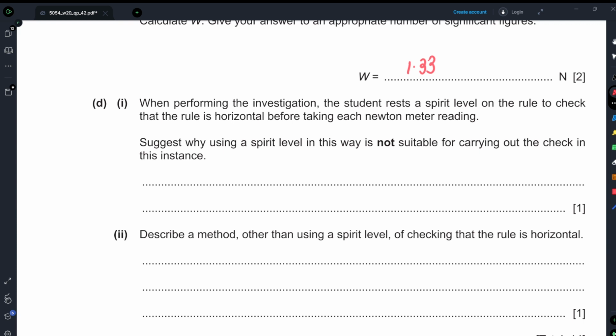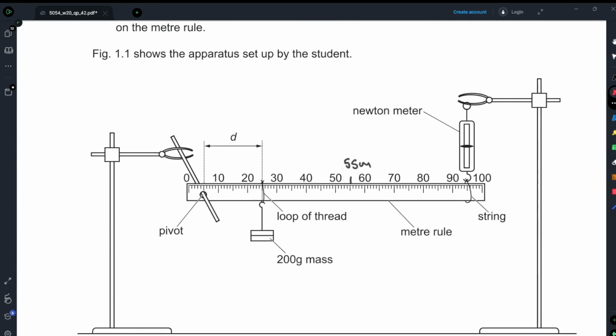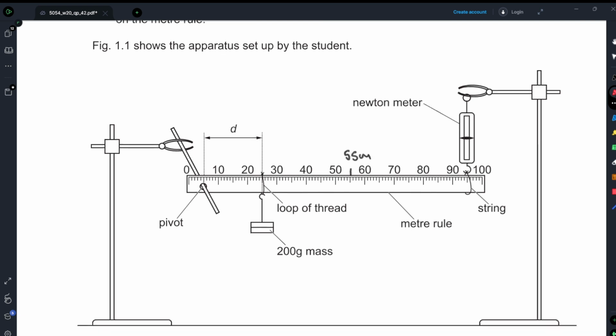Explain why using a spirit level in this way is not suitable for carrying out the check in this instance. Obviously, what you're trying to figure out is: you have the Newton meter attached to measure weight, and if you put a spirit level on top of the meter rule, what will happen? What do you think is going to happen? That's common sense, right? It's going to change the reading on the Newton meter. Any change in weight, any change in mass is going to change the reading on the Newton meter.